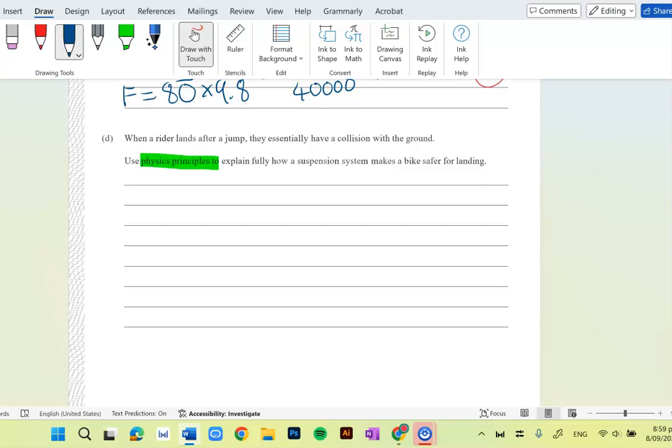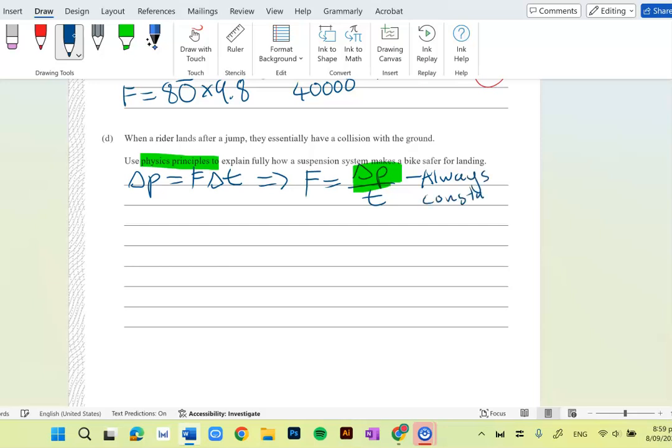It's always the same. So when we look at this equation, this is the momentum equation. We want to rearrange it so that F equals change in P over T. Now, this P always stays the same, always constant.